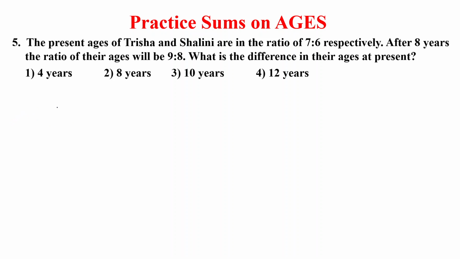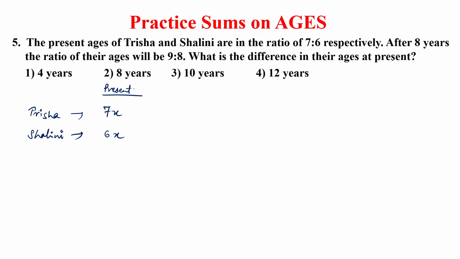The last question we have done, right? We can write Trisha and Shalini, and what we can write is 7:6.